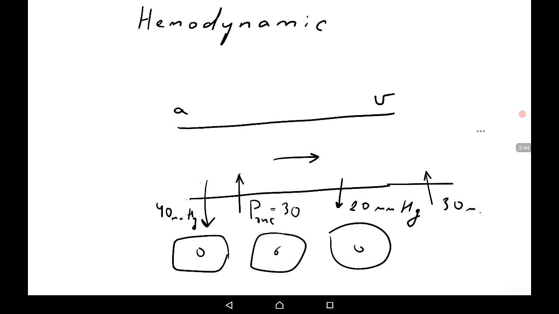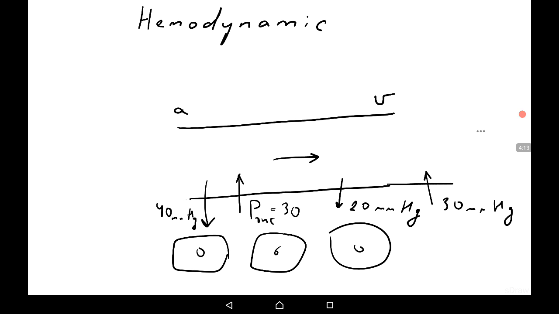Oncotic pressure is a type of osmotic pressure, but oncotic pressure is produced by proteins only, proteins which are accumulated in the blood due to albumins, first of all, also by globulins.